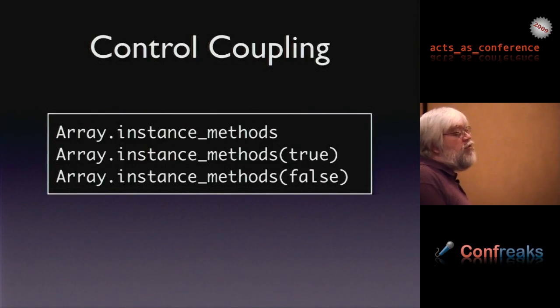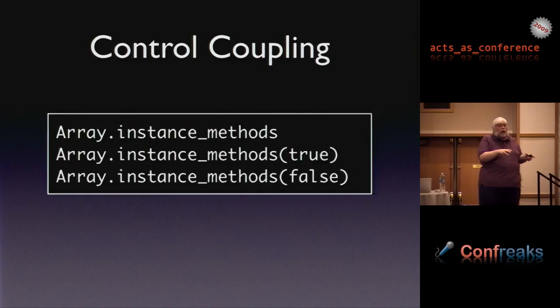The other version of this returns the instance methods that are defined directly in array and ignores the ones in the superclasses of array. Now, which one's which? Quick, tell me. Yeah, you've done this enough that you know, but there's nothing inherent about true versus false that tells you it should be all the methods or just the immediate methods. This is a case of control coupling.